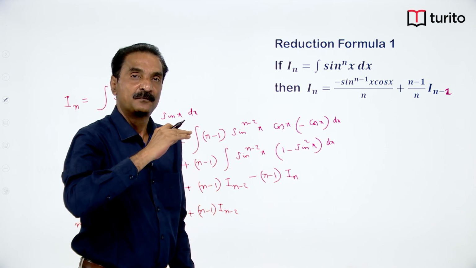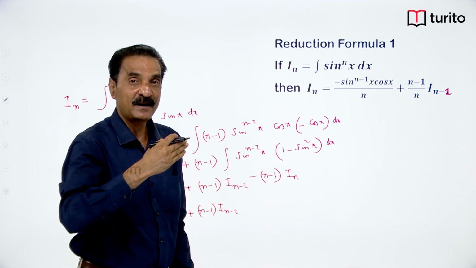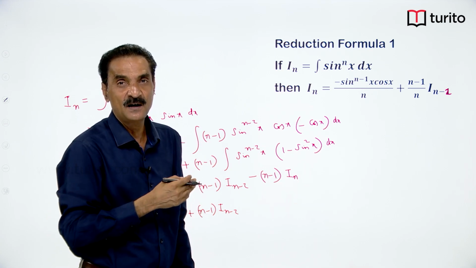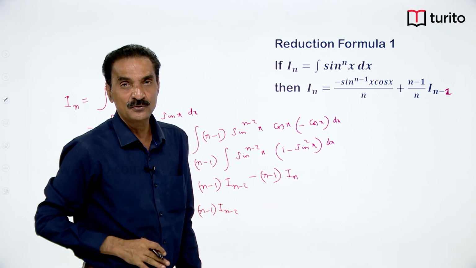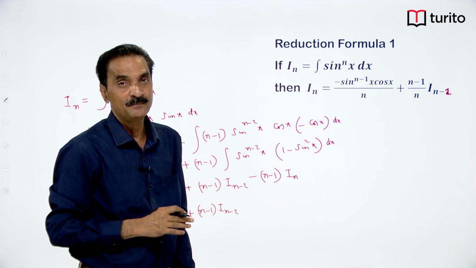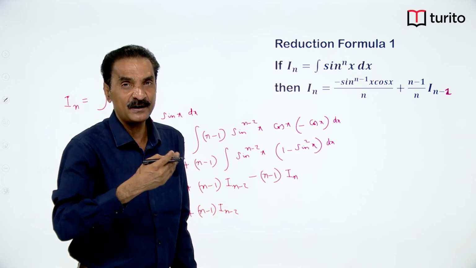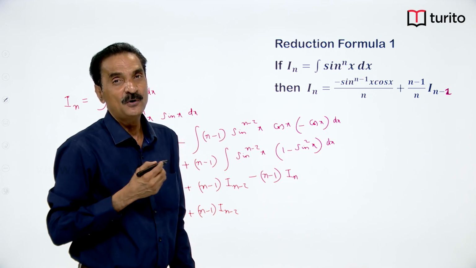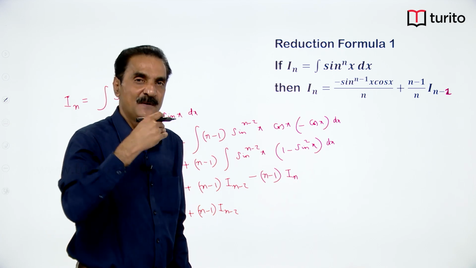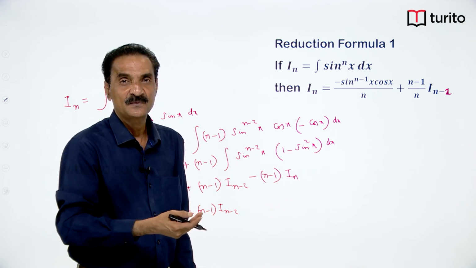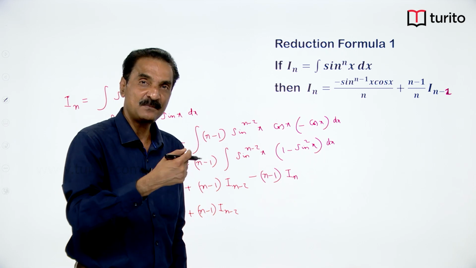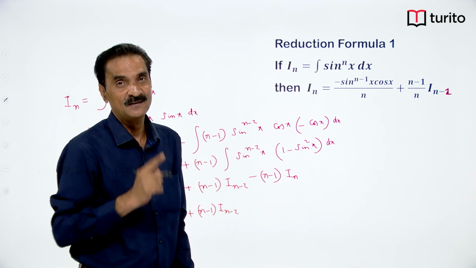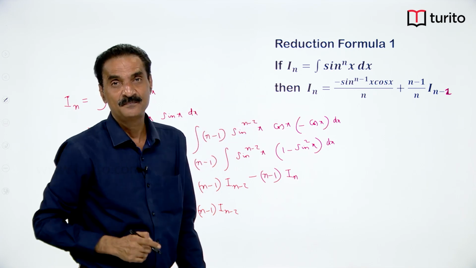In every step, n will be reduced by 2. Suppose n is 9. In the first step, you will reduce it to 7. 7 becomes 5. 5 becomes 3. 3 becomes 1.